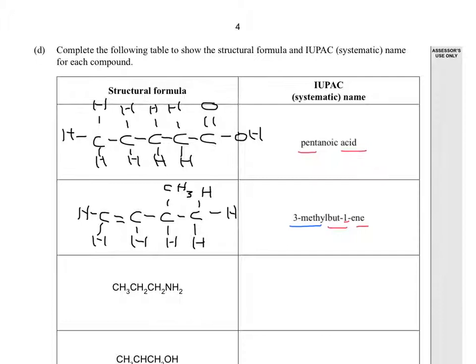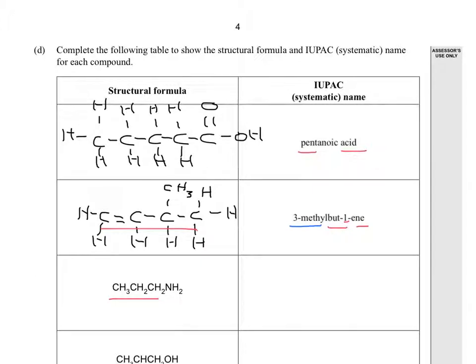Okay, in this case here, what they've given us is the formula. It's a condensed formula, but we're not going to get too worried about that. If we felt more comfortable with using the expanded formula like this, we could draw it out again, but I'm not going to worry about that here.